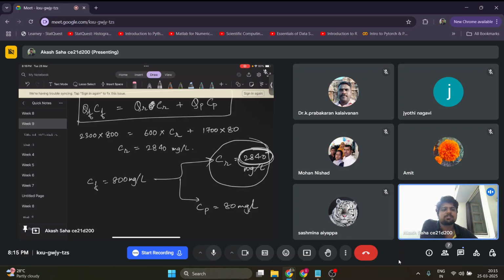The volume per day is very low. Out of the total mass, only 80 milligram per liter goes into the permeate, so everything else goes into the reject with a very small discharge. That's why it is highly concentrated, and now you may understand why RO rejects are so highly concentrated.